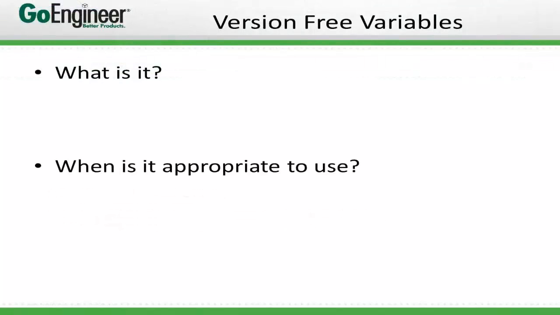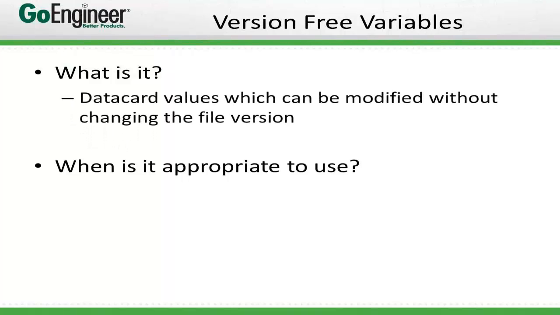So when might one consider using a version-free variable? These types of variables are really best suited for values that change frequently without impacting the geometry or integrity of the model. And they're also values that do not require mapping to file custom properties, i.e. they're not used in the title block for your drawing.